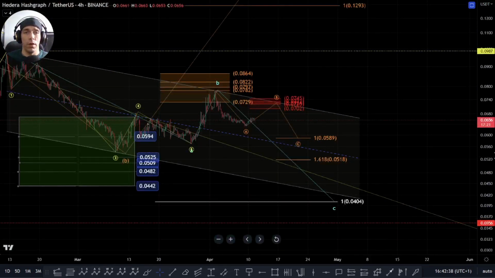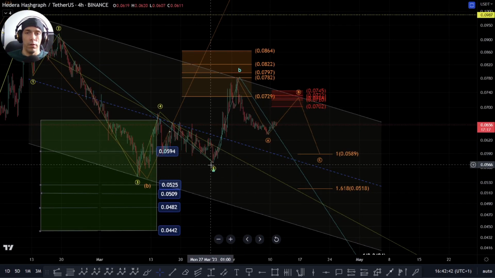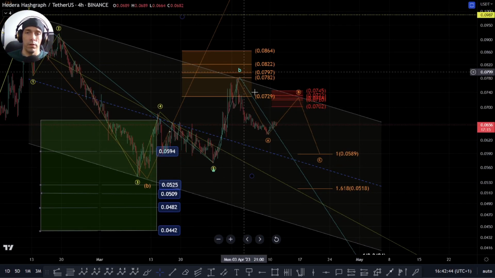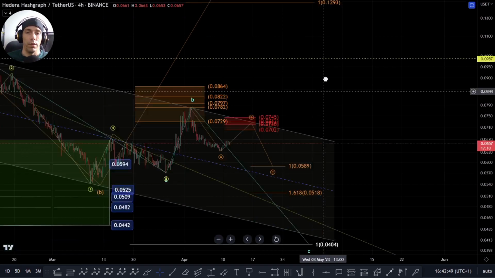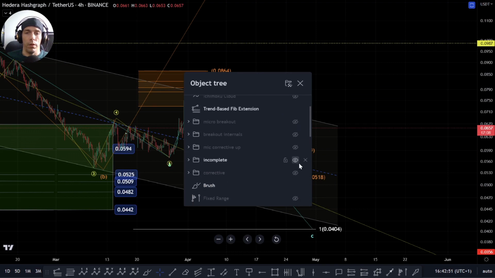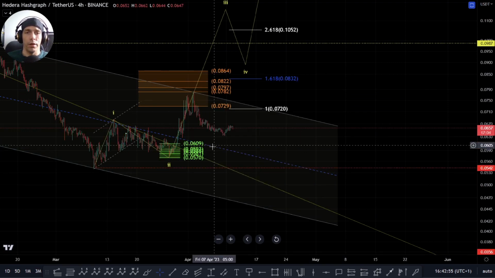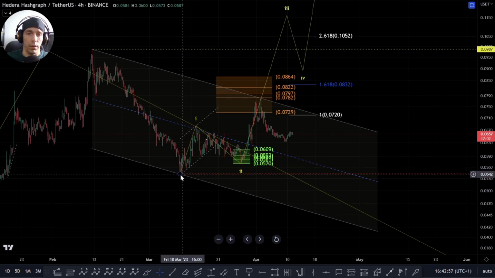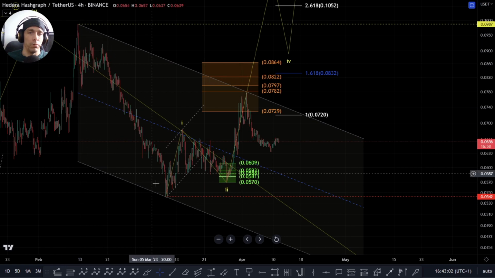Okay, so let's talk about the different possibilities. If we have actually completed into this low here, basically what I want to see is if we are looking to push to the upside for this bigger C wave at this point. So what we're looking for there, if we are going to look at this as a breakout here. I have also done it from this point here, just in case my count is wrong.